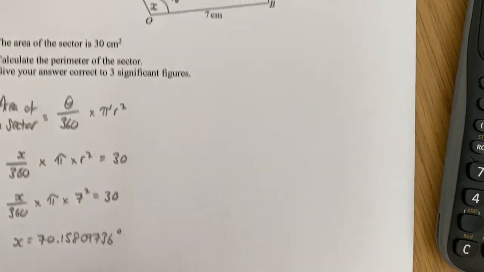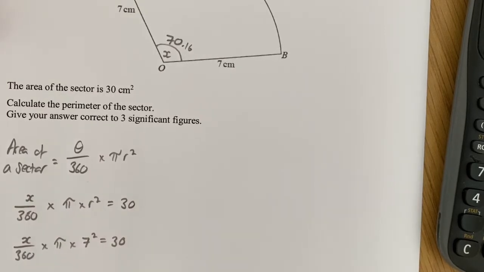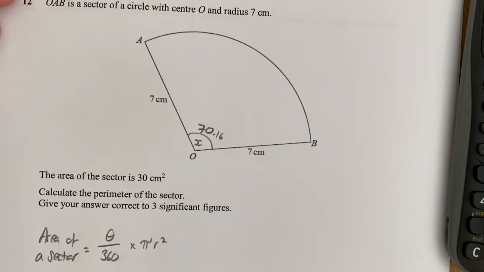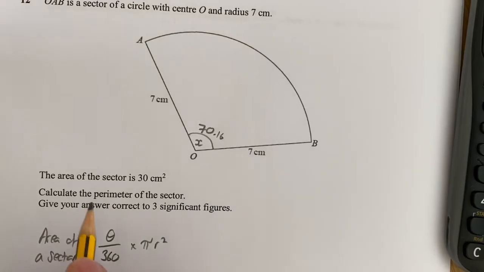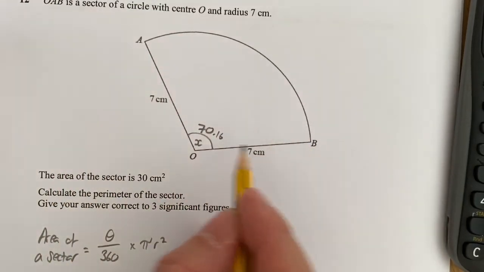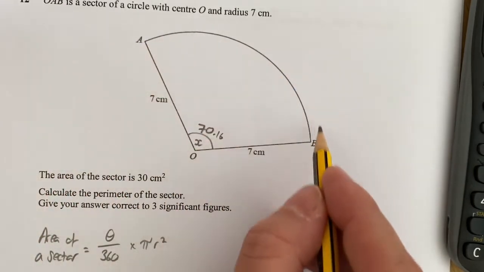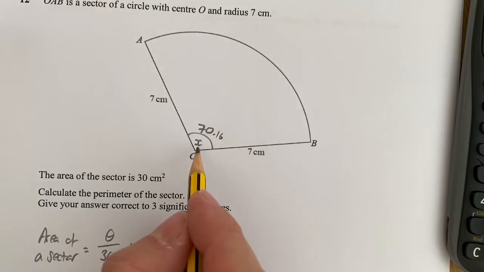So we now know this angle, and that would likely have got us half of the marks so far. Let's go back to the question. The question says we need to work out the perimeter of the sector. That's the distance all the way around. Well, that's 7 plus something plus 7.